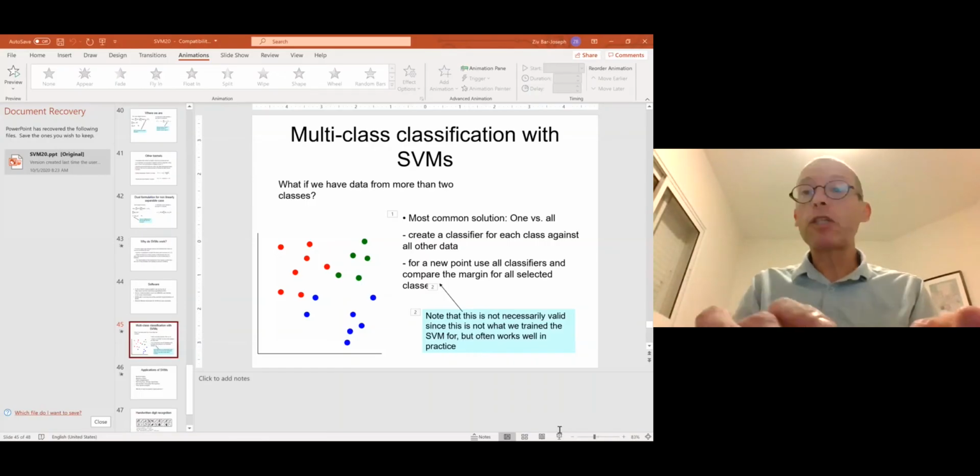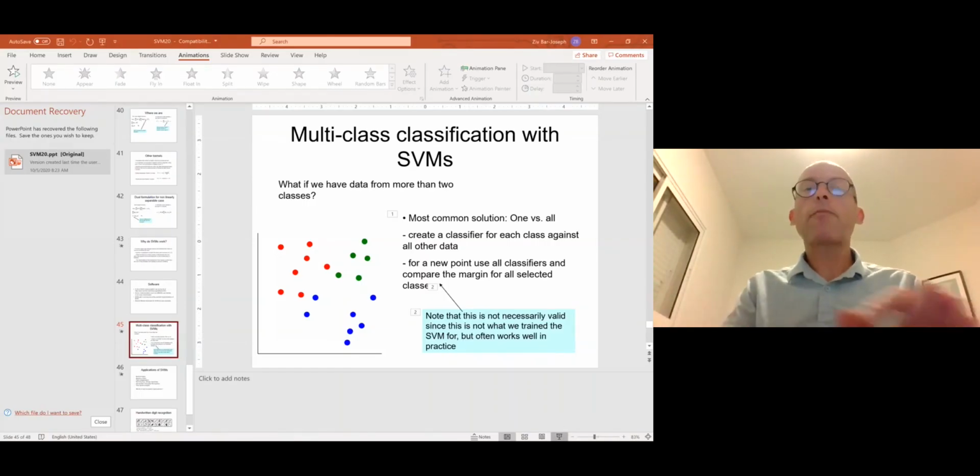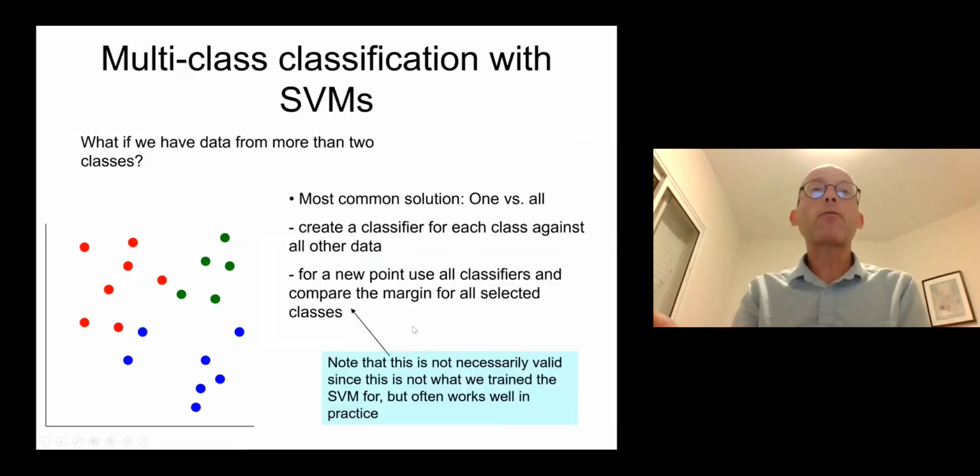So we do 1 versus all, and then we compare the margin, and we are done. So even though this is not the most theoretically justifiable thing to do, in practice, that's what a lot of the classifiers do.